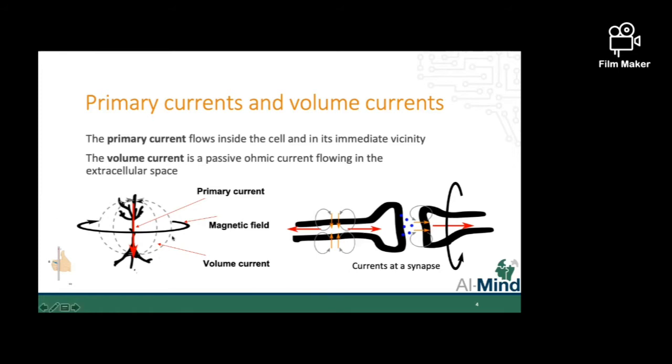The volume currents will then fill up the conducting space and flow backwards from the currents to even out the charges. So these two constructs are useful, the primary and the volume currents.